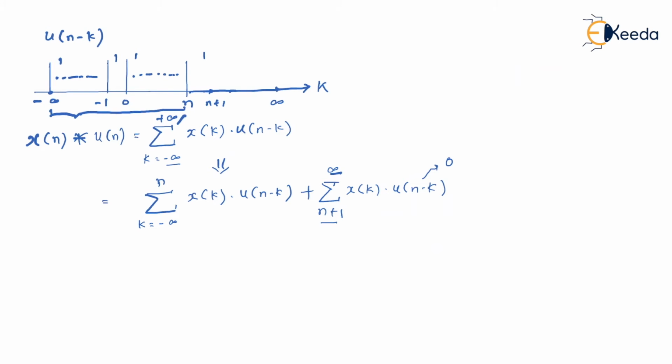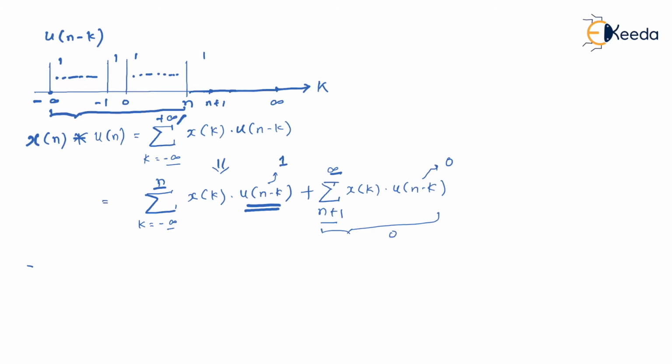So when k is ranging from minus infinity to n, you can check graphically that the u of n minus k value is always 1. It means we need not mention u of n minus k; I can write its value equal to 1 here. Ultimately, in the second summation, since the value is equal to 0, this summation will result in 0.